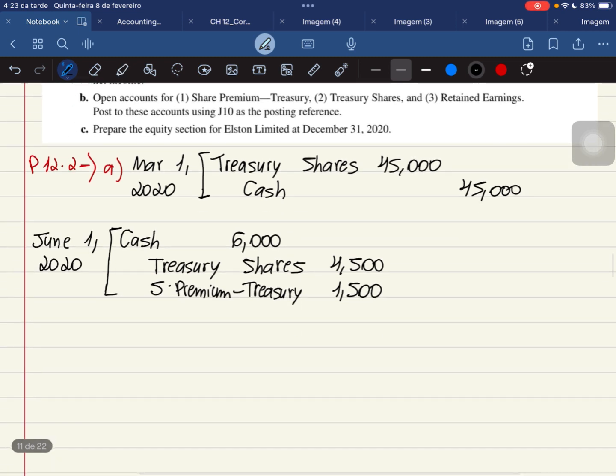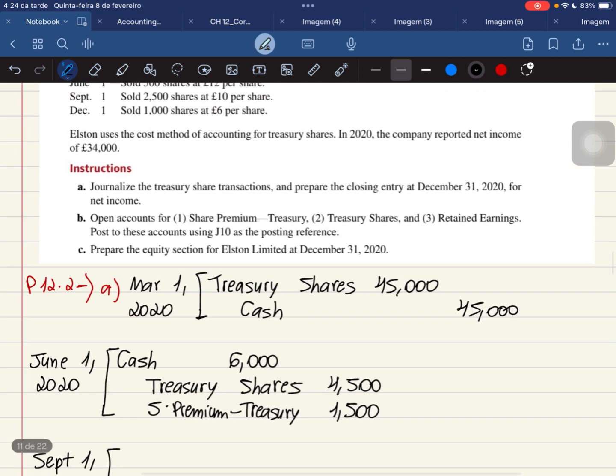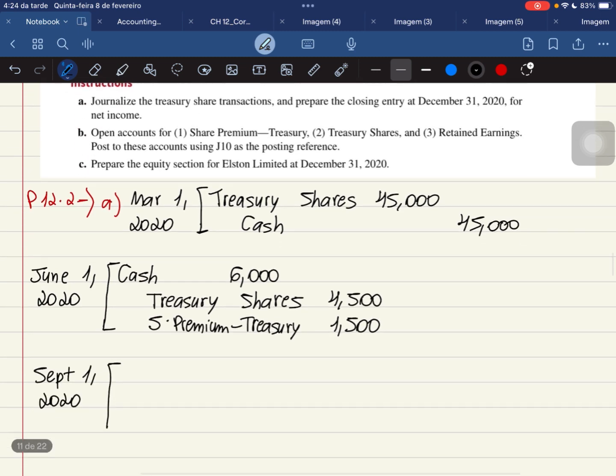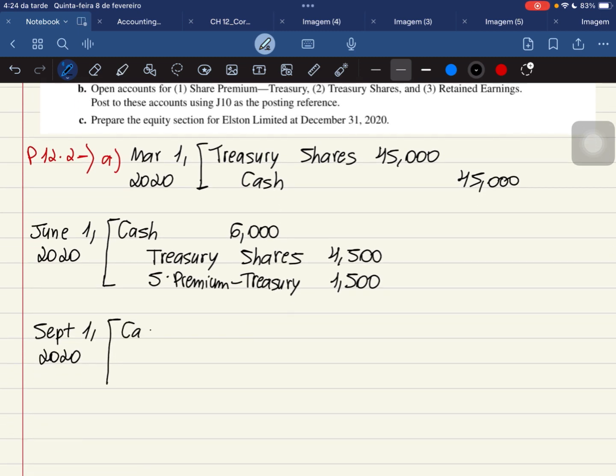Next one happened on September 1st of 2020. Let's see. Sold 2,500 shares at 10 per share. Well, we are selling it, so the accounts debited and credited are going to be the same for the same reasons. And the share premium treasury is still going to be the difference.